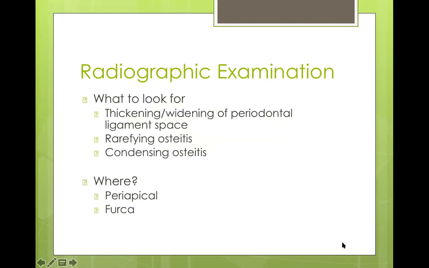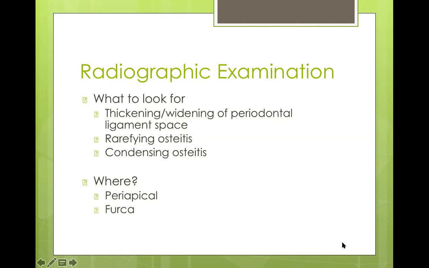When you're doing your radiographic examination, the things to look out for are, first, you want to look at your tooth, look at the cavity, make sure there's a cavity encroaching on the pulp. Check your periodontal ligament space. You'll also want to look out for rarefying osteitis, which is pretty much periapical radiolucency.